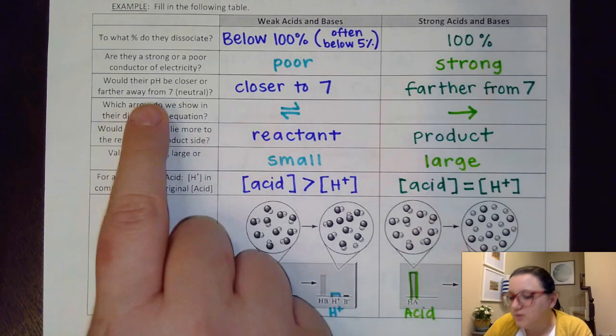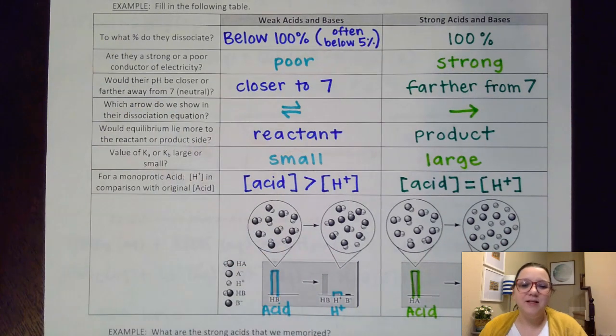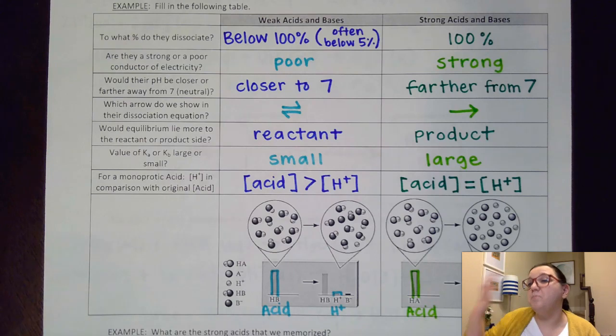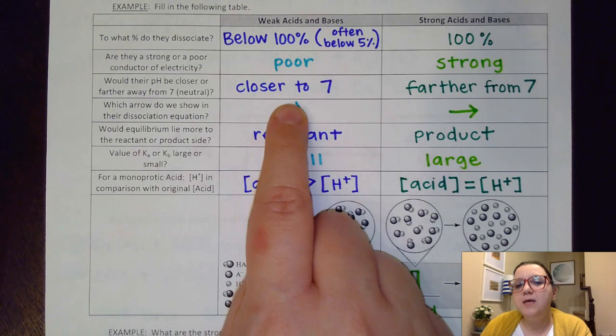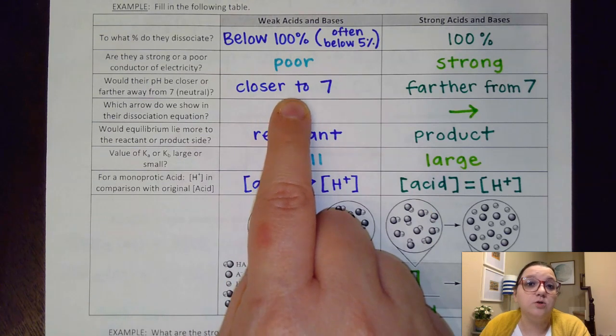We haven't talked a whole lot about the pH scale yet. That's going to be in one of our upcoming videos, but I know a lot of you have some background with it. The pH scale, which goes from 0 to 14, basically ranks acids and bases. Something acidic is below 7 on the scale, something basic is above 7, and 7 is our break point of being neutral. With weak acids and bases, their pH values tend to be closer to 7.